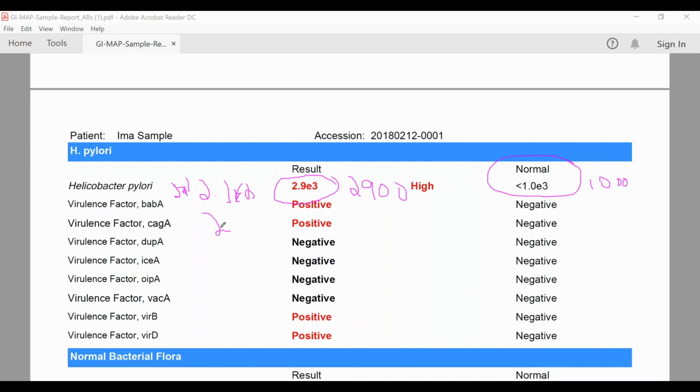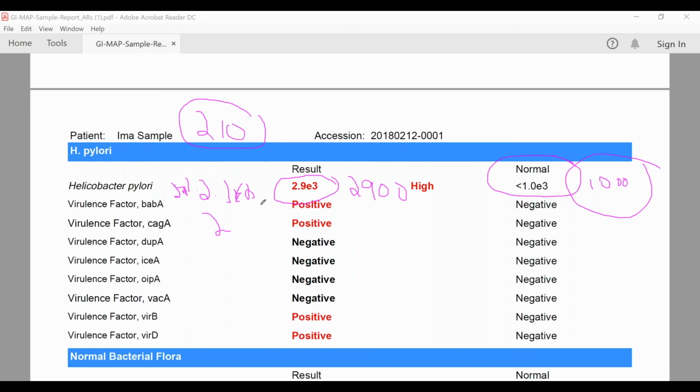Then you think, wait a minute, it's a 2, but it's a 1, and what does it mean? So draw that out. 2.1 e to the second is 210. So in that situation, that means 210, and the cutoff is 1,000. So they're far below the normal, they're still within the normal range, okay?